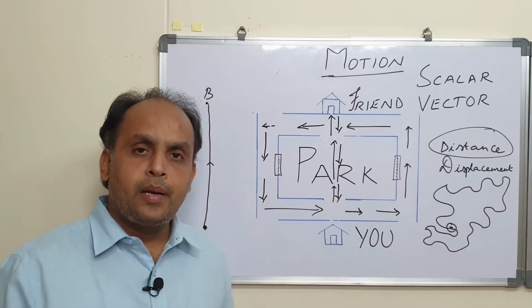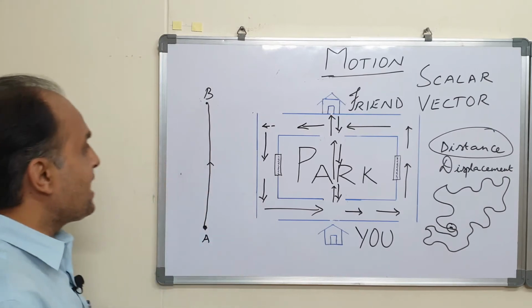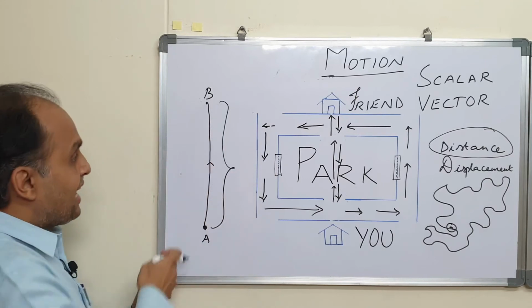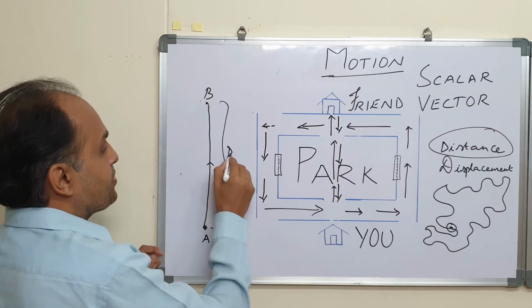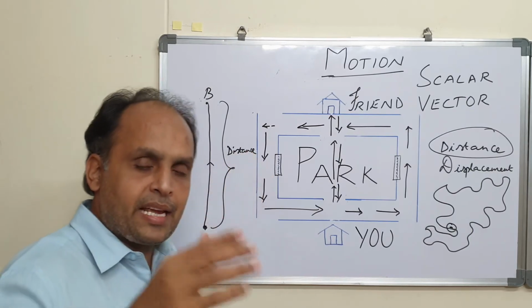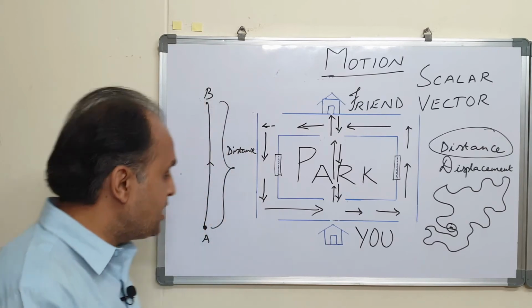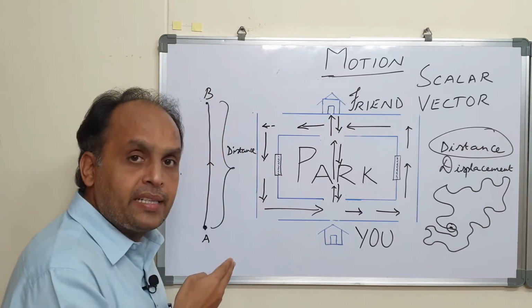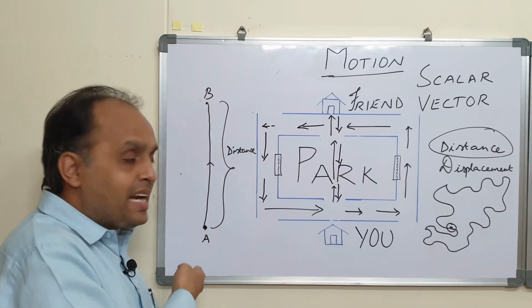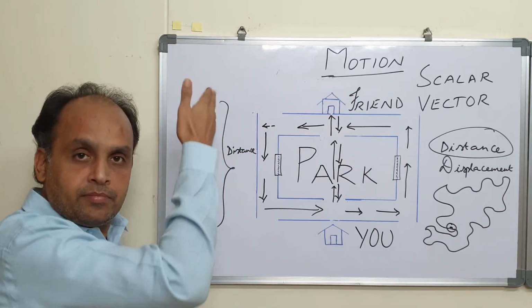Now the distance is nothing but the length of this line segment. At the same time, the shortest distance between this point and this point is also the same, and it is happening in only one direction.